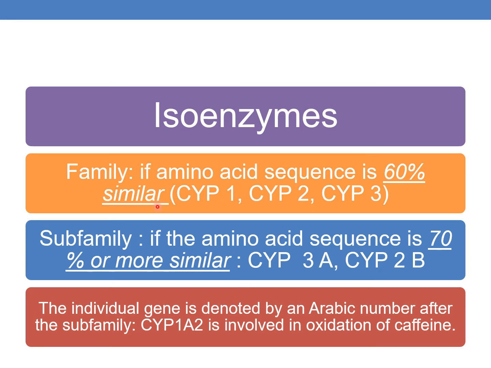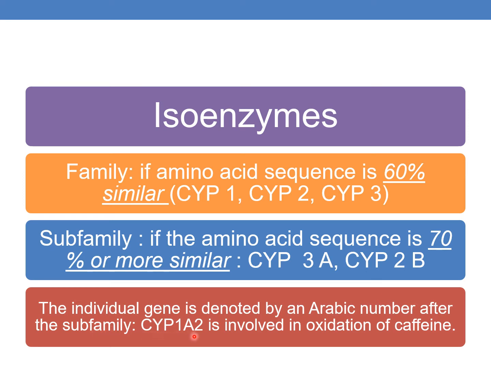Examples of cytochrome P450 families are CYP1, CYP2, CYP3, etc. When it comes to subfamily, if the amino acid sequence is 70% or more similar, then it comes under the subfamily and it is denoted by a capital letter such as A and B. For example, CYP3A. So CYP3 is the family and A is the subfamily.